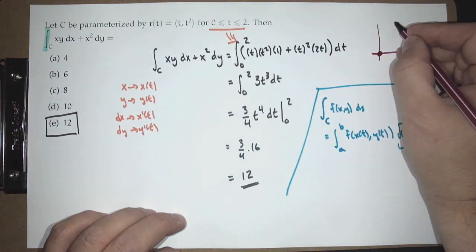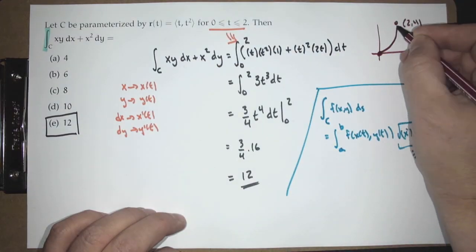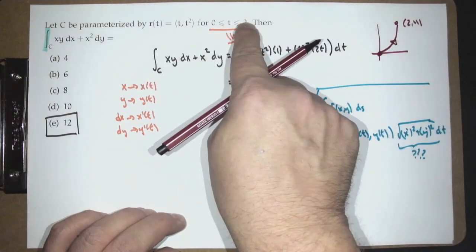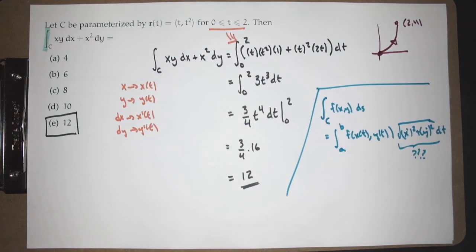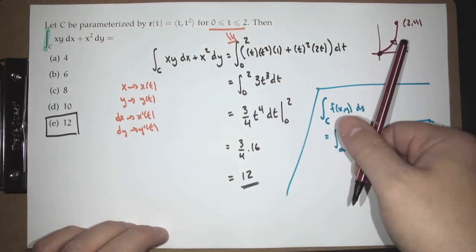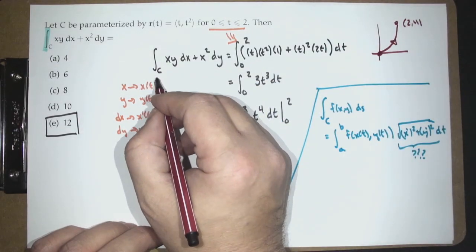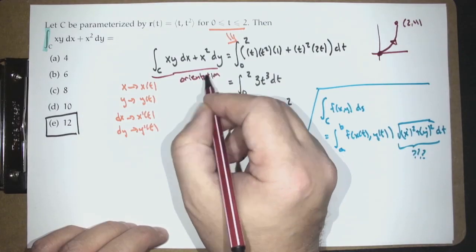I'm going in between, following this direction because t is oriented. There's a time 0, there's a time 2. And so there's an orientation to your input, which becomes an orientation for the curve. And orientation matters in this type of integral. So this is an integral where we care.